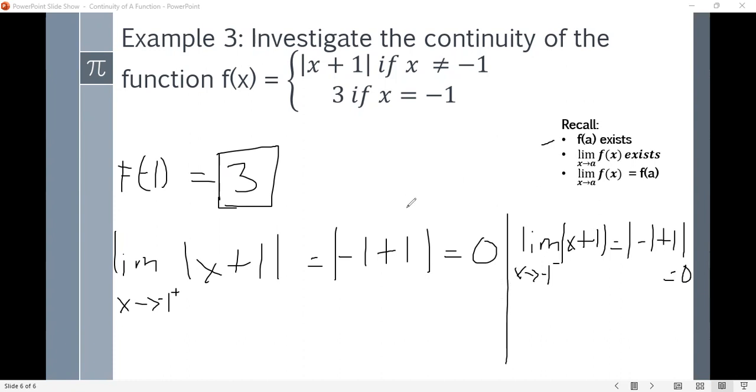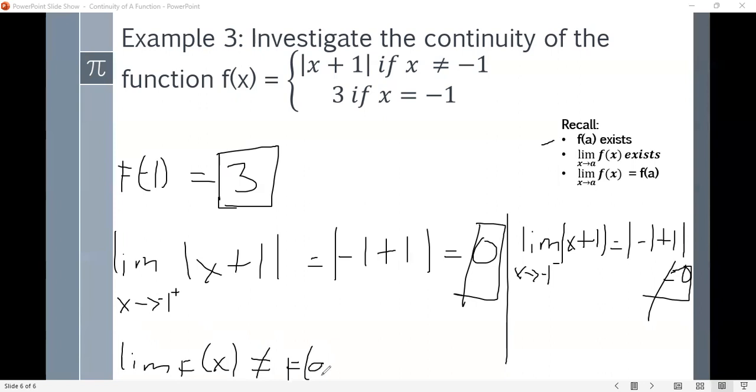So, ngayon, kung mapansin natin, ang f of a at yung limit ng f of x, dalawa po yung answer na lumabas. Meron tayong 0 at meron naman 3. So, di po sila equal. So, the limit of f of x is not equals po kay f of a. So, check pa rin naman, nag-exist naman si second condition.